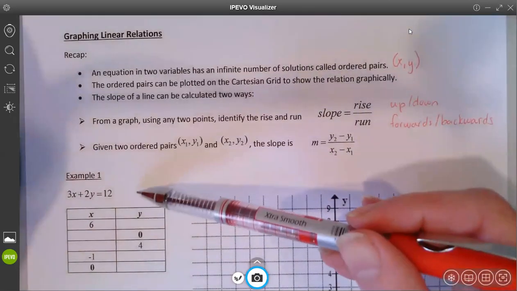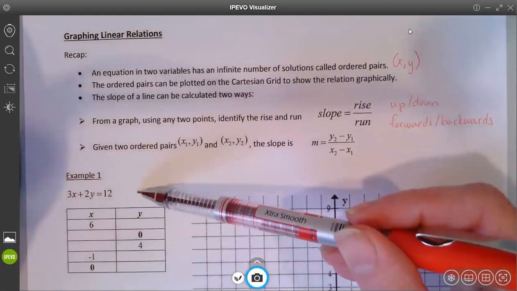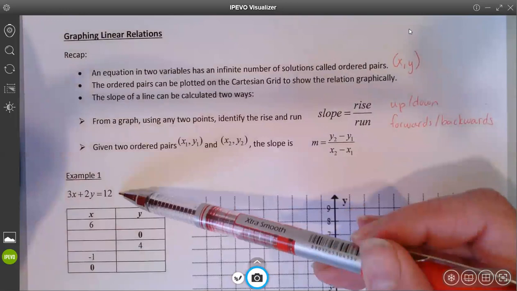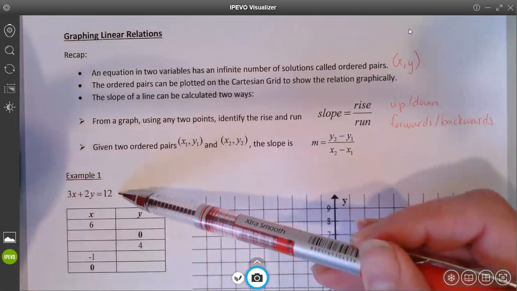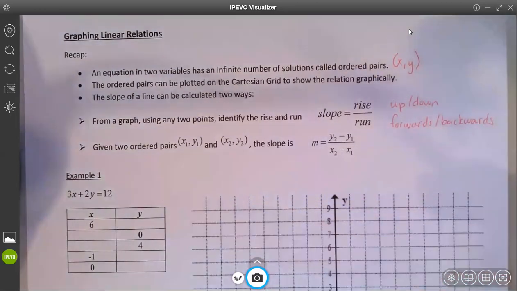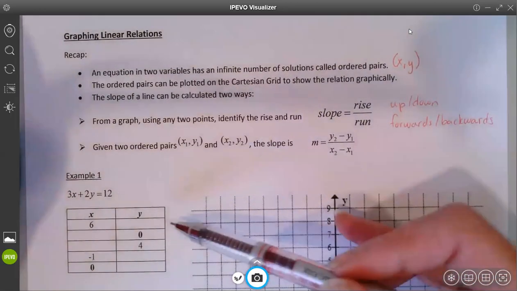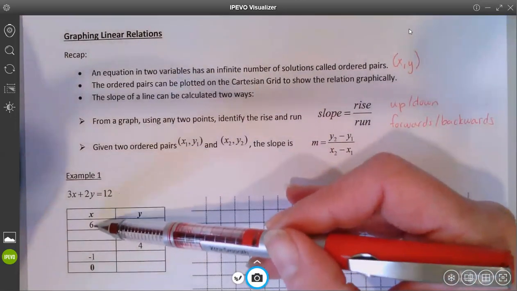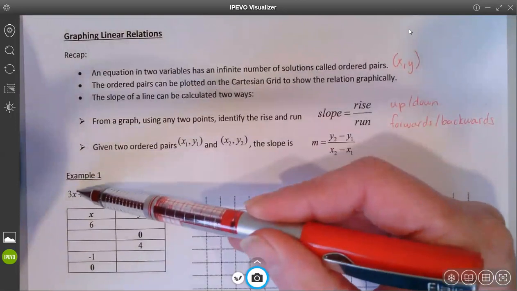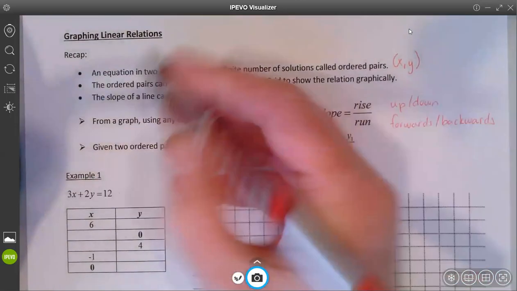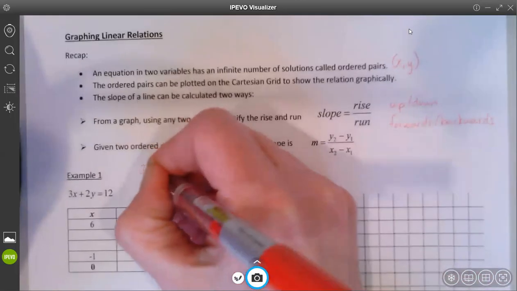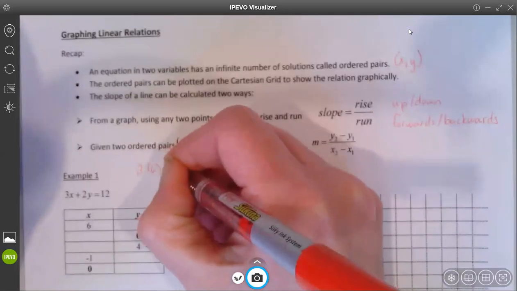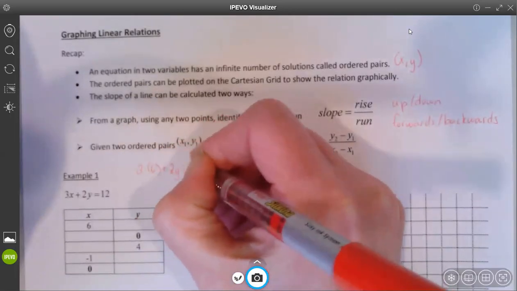So last week on assignment number 1, you were given this equation, this relation, 3x plus 2y equals 12. And you had to complete the table of values. Now I've added a couple extra rows. So what happens is if x is equal to 6, we replace x with 6 in the equation. So it becomes 3 brackets 6 plus 2y equals 12.